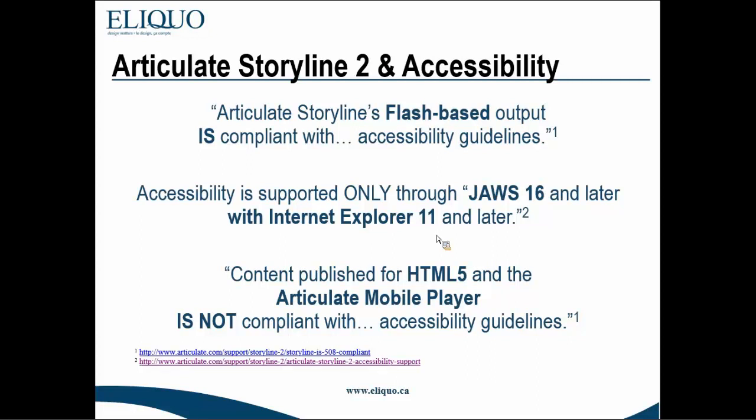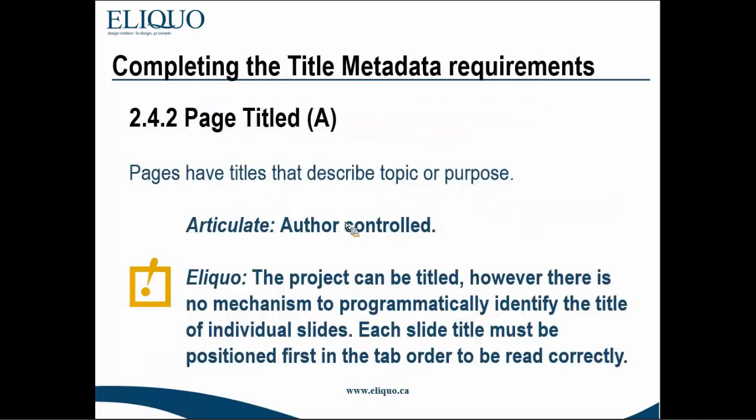Firefox and Chrome are also not supported. It is this combination of two specific tools in a Flash-based output which take advantage of the accessibility options in Articulate Storyline. Hopefully this doesn't come as a surprise to too many of you.